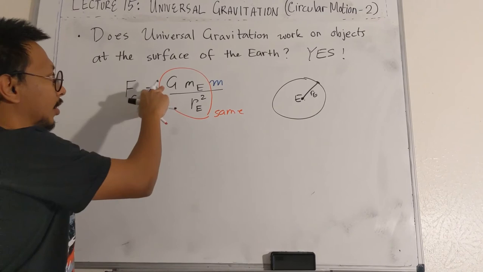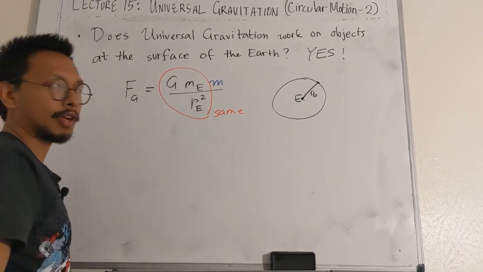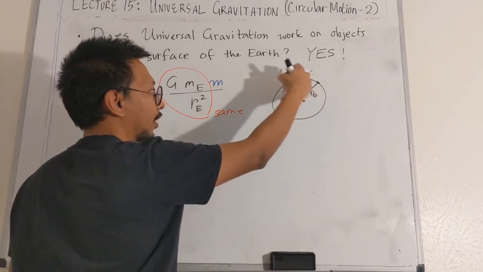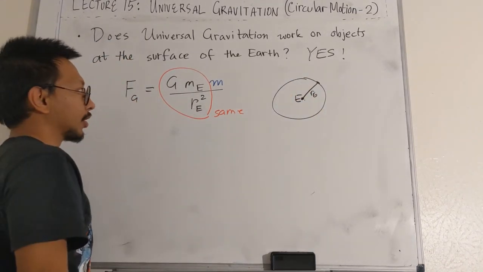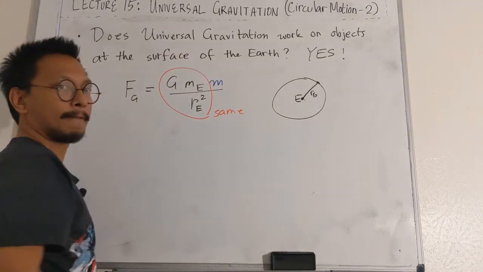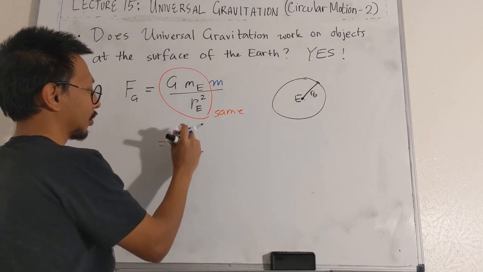Why? Because G is a constant, the mass of the Earth doesn't change if you go from here to here, and the radius of the Earth is also constant. So this value is constant. What is this value? Let's find out.